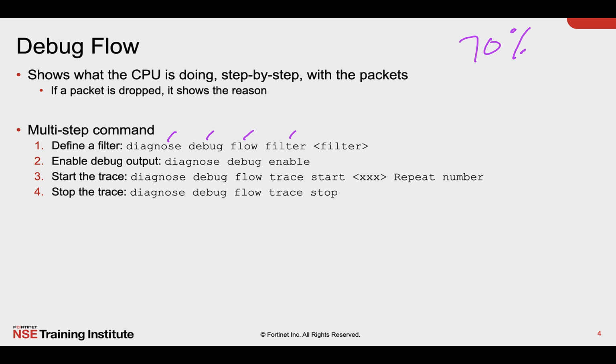So it would be diagnose, debug, flow, filter, and you might say SADDR with maybe 10.1.1.1. And maybe you also only want things going to port 80. So you enter that command. You now type again, diagnose, debug, flow, filter, but instead of saying SADDR, it's dport.